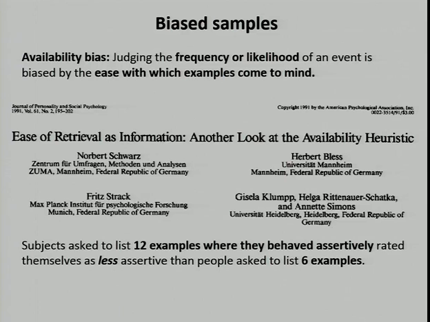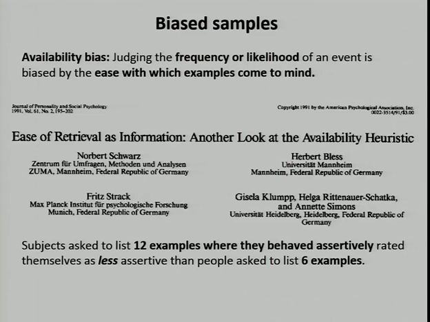The other had to come up with 6 examples in which they behaved assertively. And the question then was which group was going to rate themselves as more or less assertive. And the finding was that the people in the group that had to come up with 12 examples of assertive behavior actually rated themselves as less assertive than the other group.